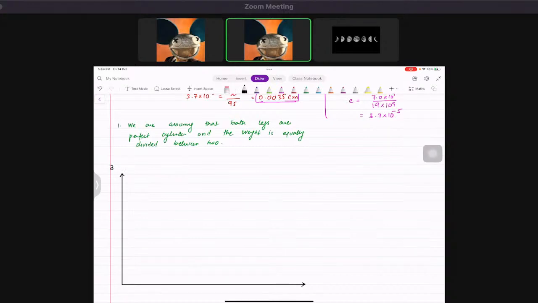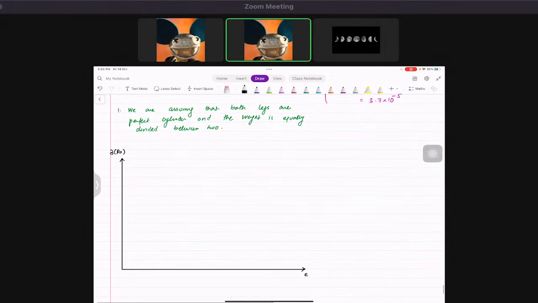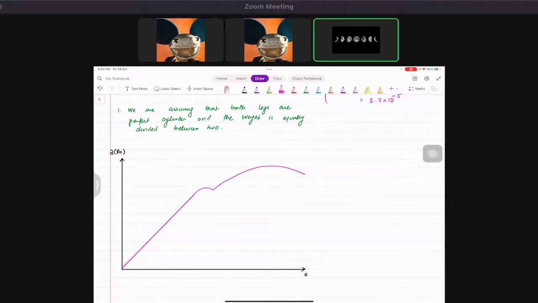So this is stress in pascals here, and this is strain right here. Whenever we're going to draw this graph, the graph will start from the origin and then it will show you something. Generally, it's like this. Okay, this is sort of a general graph, right? Is it clear? Yeah.